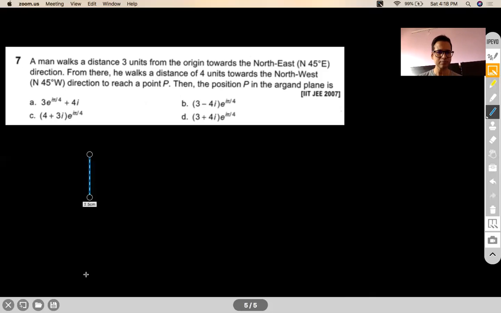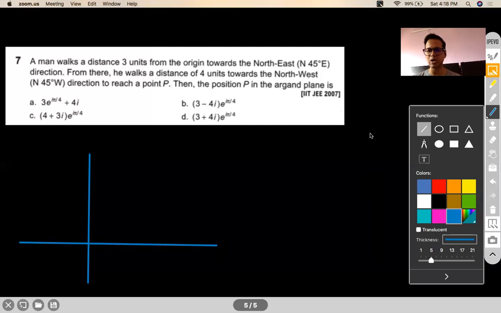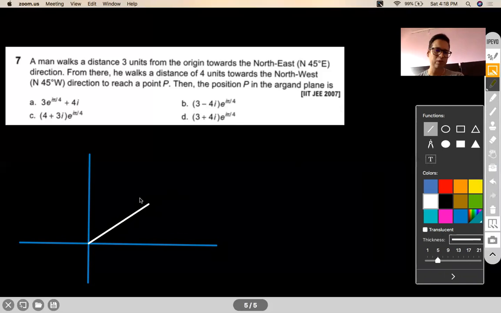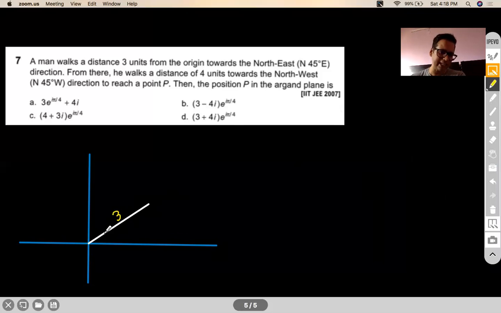See, there's a man who walks 3 units along the direction of northeast. Northeast is this direction, so he walks 3 units along this direction. So we know that this is 3 and this is 45 degrees.